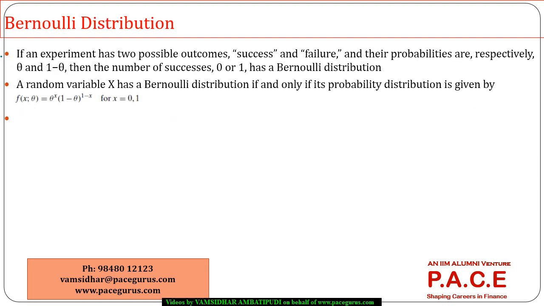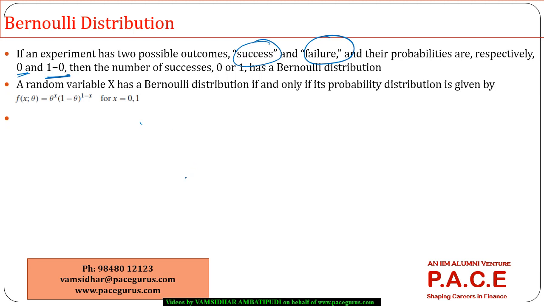Now moving to the next type of distribution, which is the Bernoulli distribution. It's a very simple kind of distribution. If any experiment is performed in such a way that there are only two possible outcomes, one is called a success, the other is called a failure, and you say the probability of success is some theta, the probability of failure is 1 minus theta.